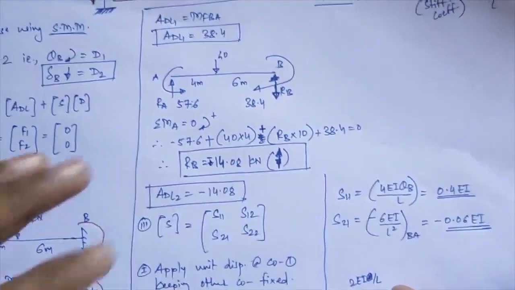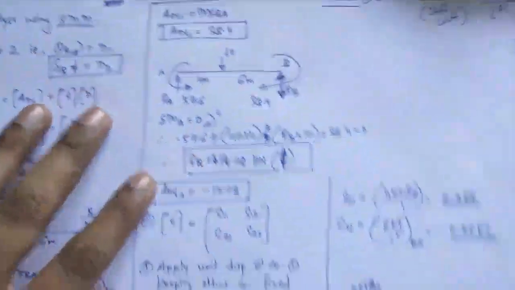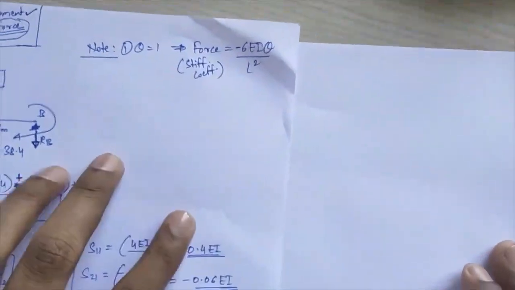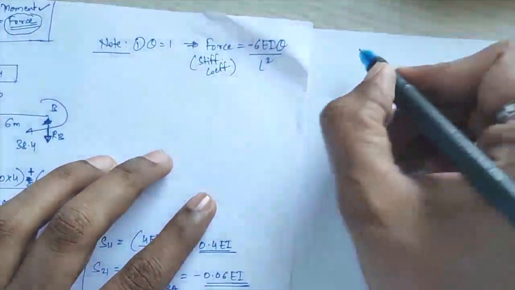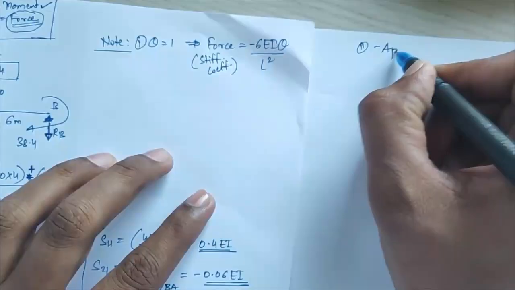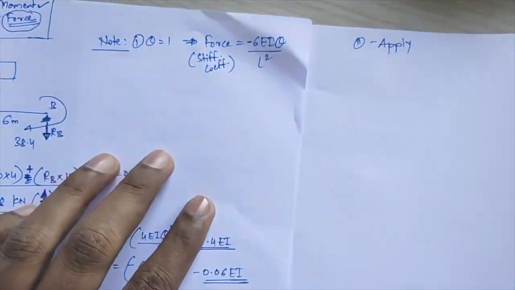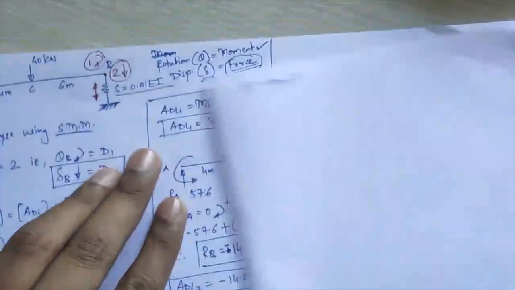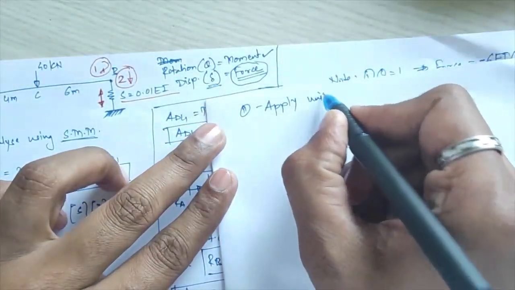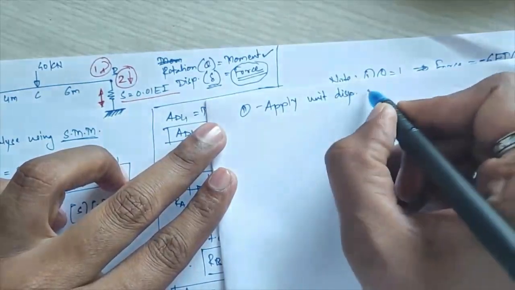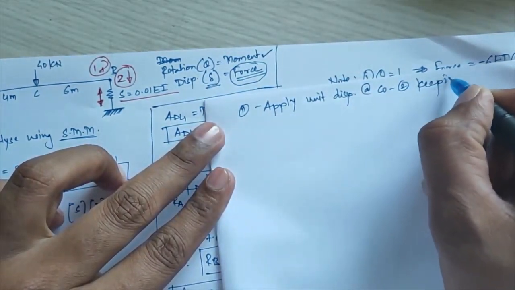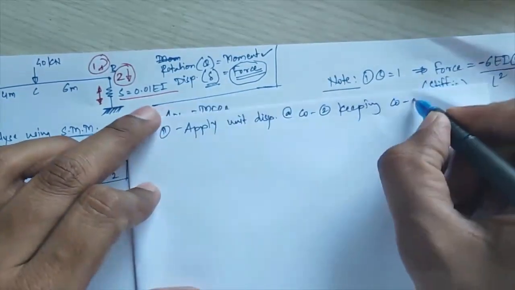Right, now we'll go for your second part. In that second part we'll apply unit displacement at coordinate 2, keeping coordinate 1 fixed.